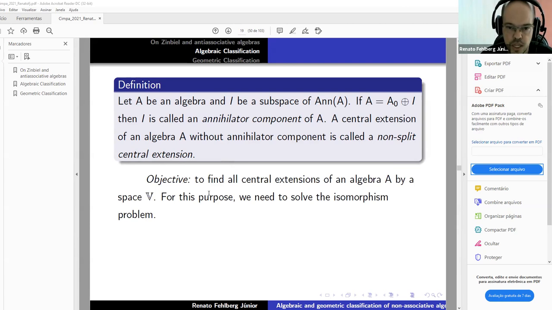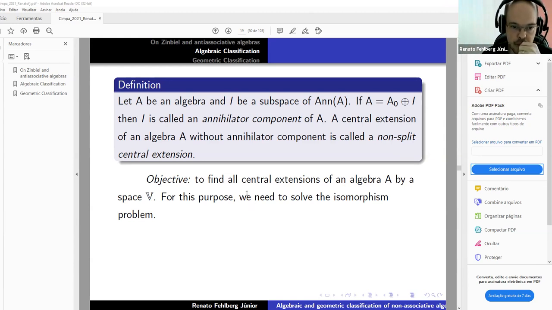So with this objective in mind, we need to think about the following problem. If you have two central extensions, we need to check if they are isomorphic or not.